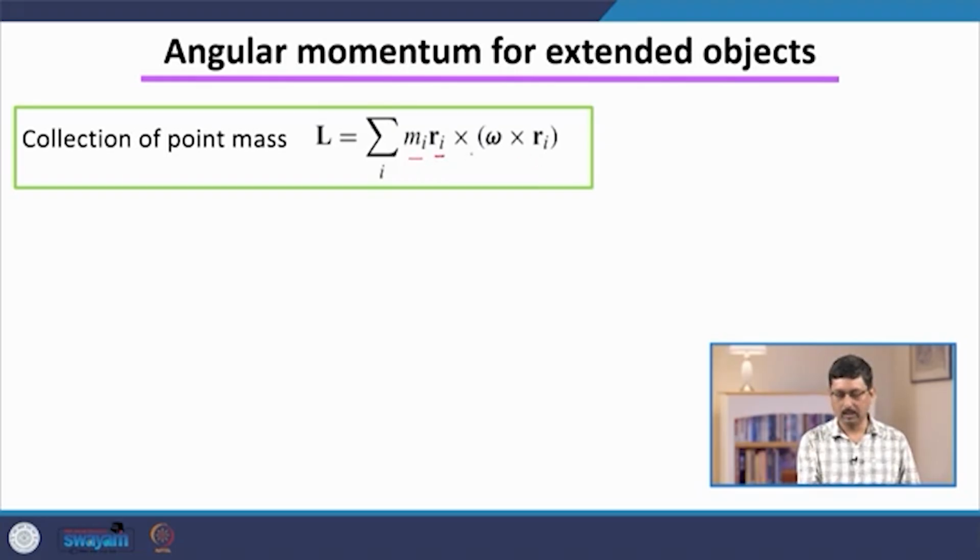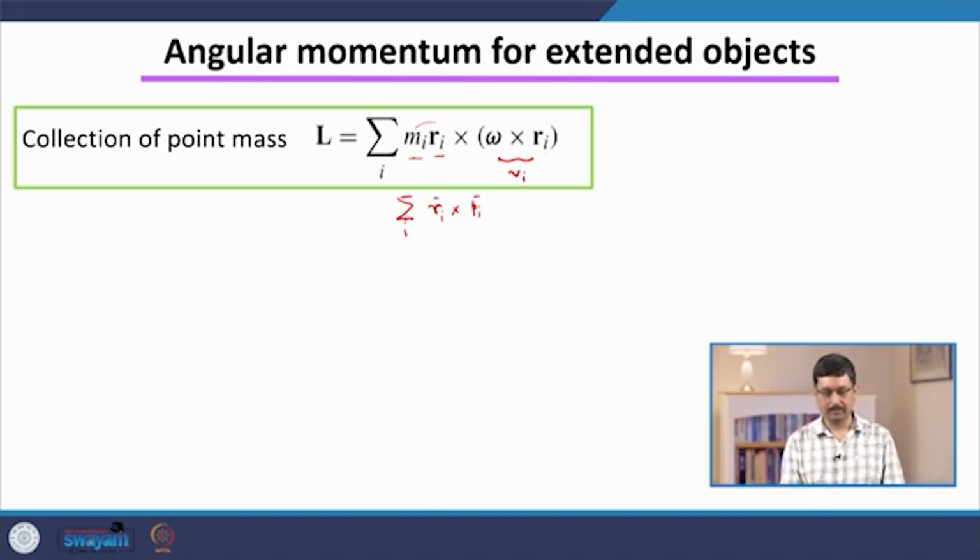Omega times r is v, the v of particle i, v i, and then m i times v i is p i. So, this is essentially r i cross p i, and then sum over all particles. It is just a straightforward generalization from the definition we discussed before.